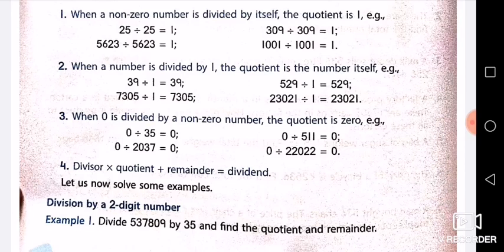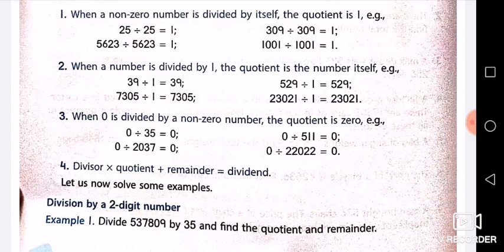Now, the fourth property is dividend is equal to divisor multiplied by quotient plus remainder. This is the fourth property of division sums. Dividend is always equal to the product of divisor and quotient plus remainder.